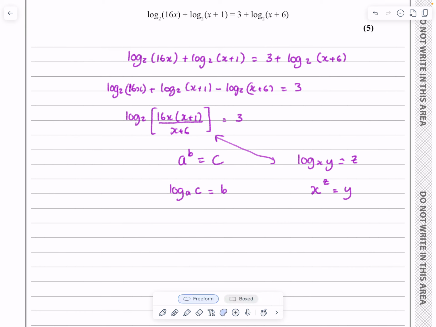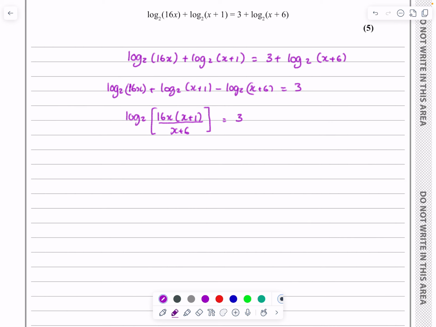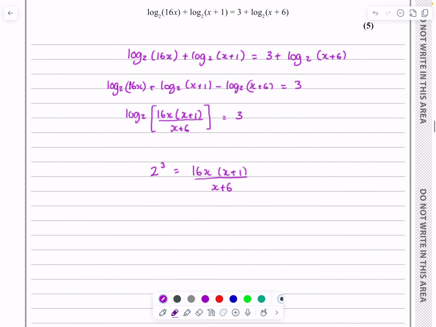So let's do that with what we've got there. In my log statement, the base, log base 2, is going to be the base of my answer, and the logarithm is a power, so the actual answer, 2 cubed, that's my power, must equal 16x times x plus 1 over x plus 6, and now this has just turned into a quadratic.